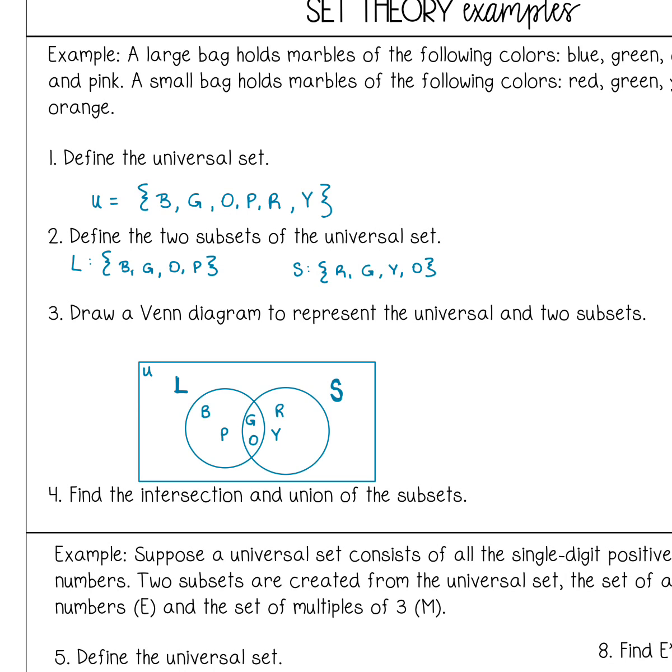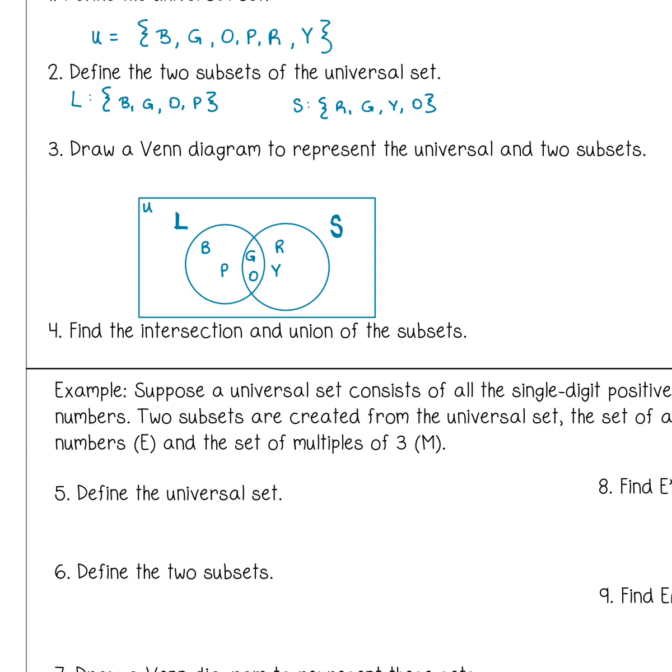So we're going to go ahead and find the intersection, our overlap, that's in large and in small. And we're going to find our union. So we want to know L and S. Who is in both? Well, we got green and orange.